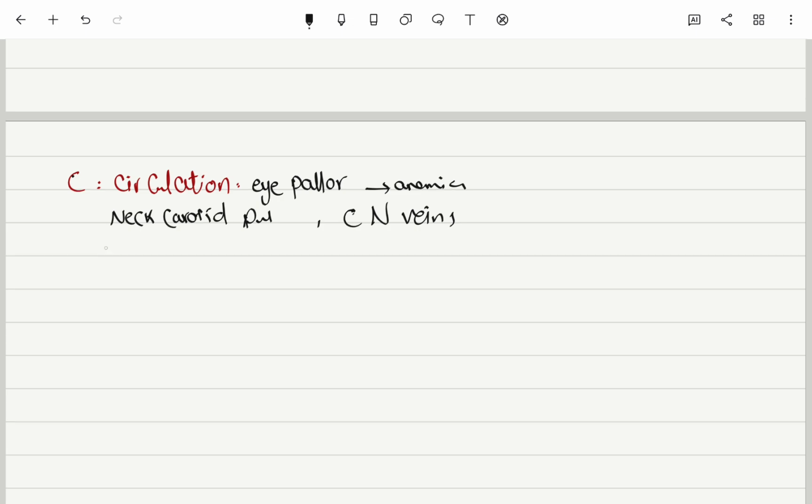I will check the hands for pulse, radial pulse, and capillary refill time. Finally, blood pressure.